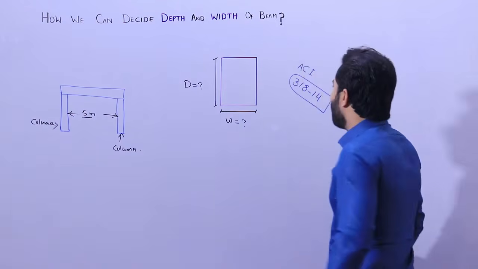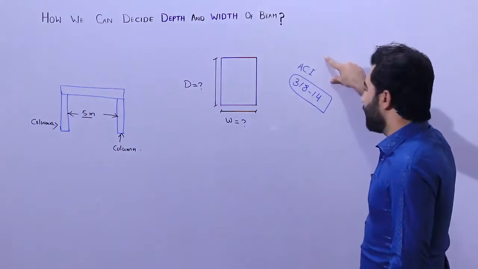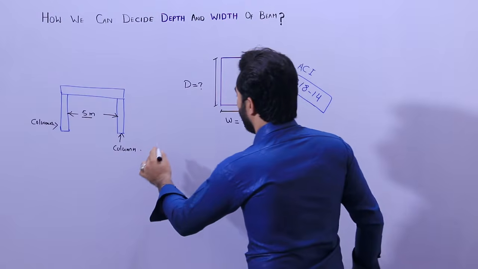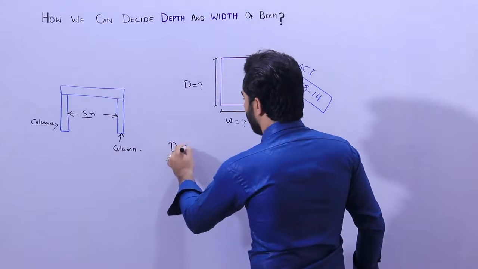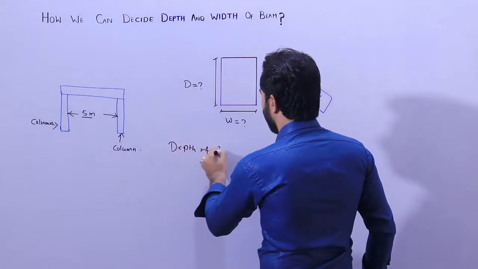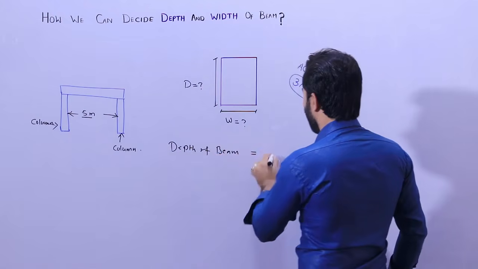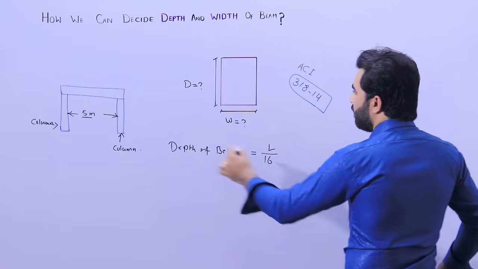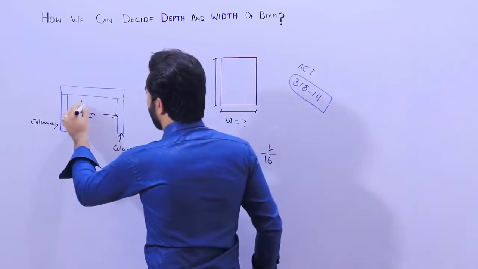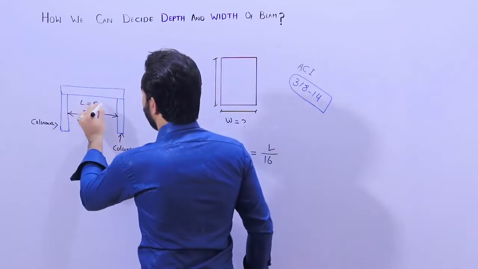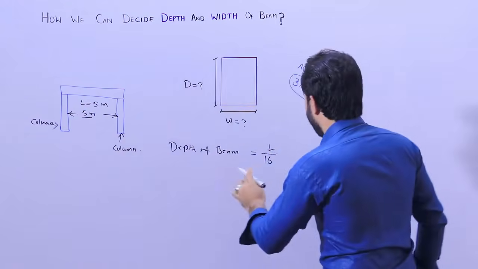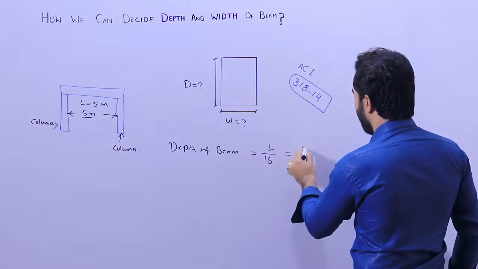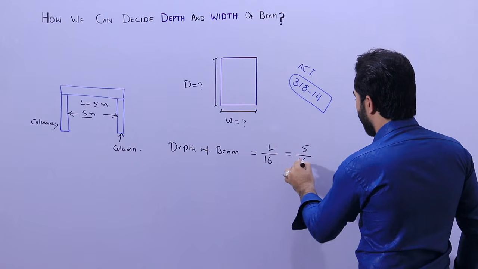We have the formula from the reference of ACI, the American Concrete Institute, by which you can find the depth of the beam, which is L divided by 16. L means the length between two columns. So L here is 5 meters. L divided by 16, so 5 meters divided by 16.